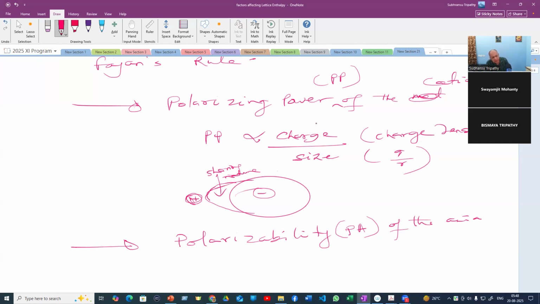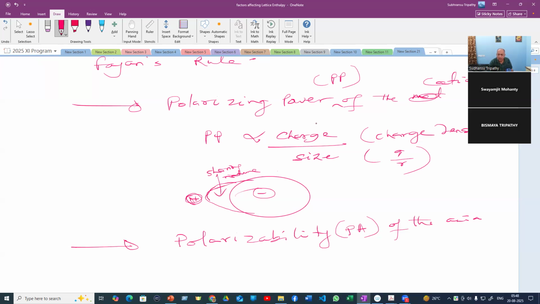In that case, what will happen? The electron clouds are farther away from their respective nucleus, so they have greater polarizability, greater chance of being deformed and come to the sharing mode to some extent with the cation. So if the student is very interested, passionate to study, then it will work out.